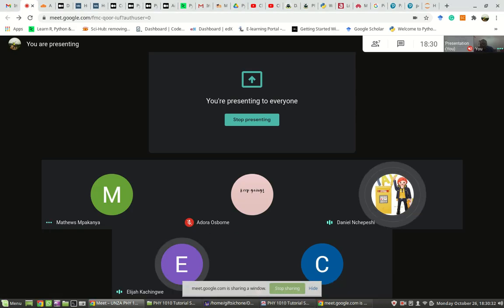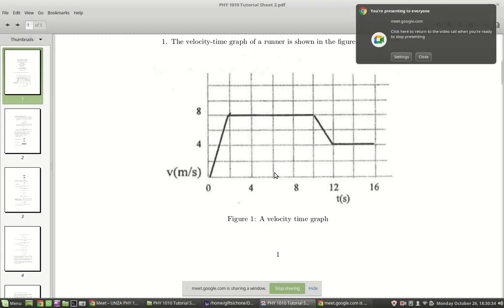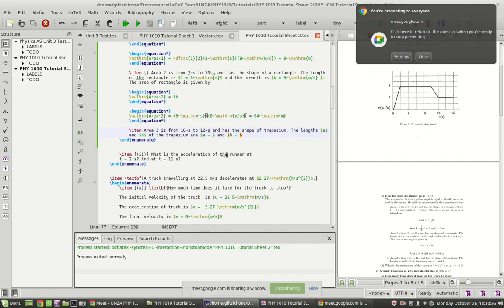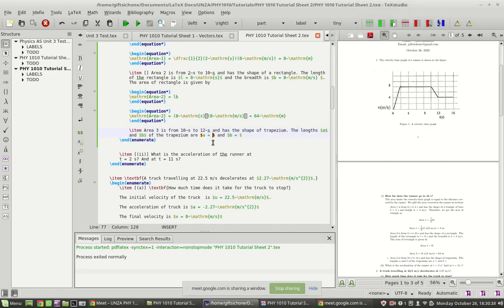I think A should be 4, and B should be 8. So we make A 4 meters per second. Then we make B 8 meters per second.